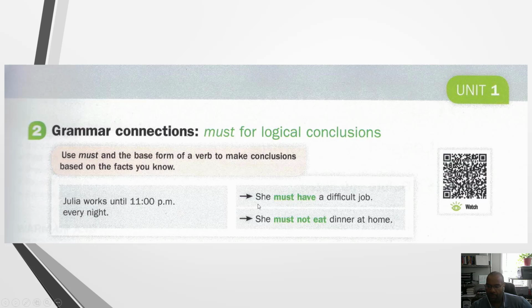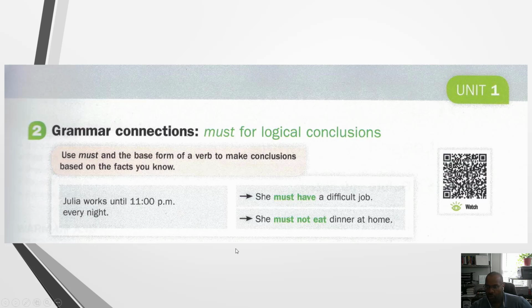If she works until 11 p.m. every night, maybe a logical conclusion would be she must have a difficult job. Here's must plus the verb in the base form. Must have. She must have a difficult job.